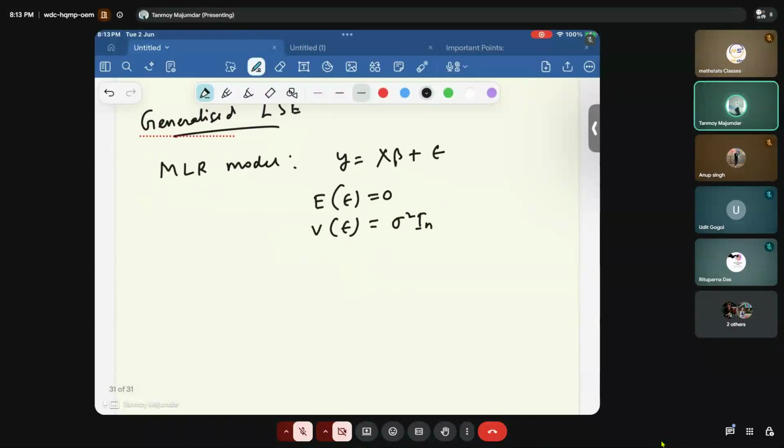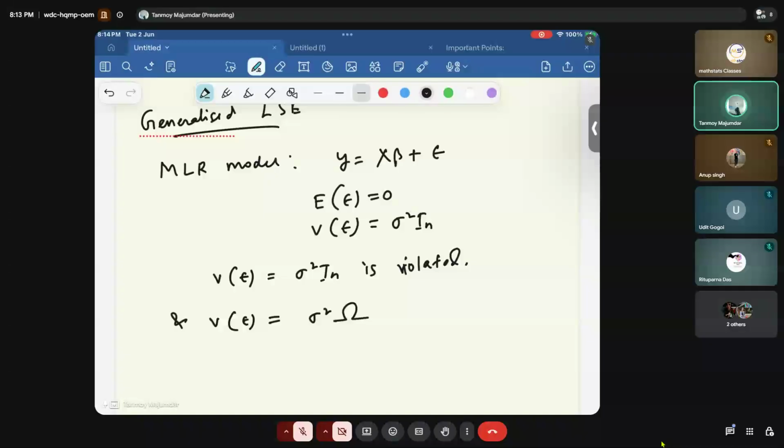Our assumption that the variance of epsilon equals sigma square I n is violated. Suppose the assumption is violated and it becomes variance of epsilon equals sigma square omega.